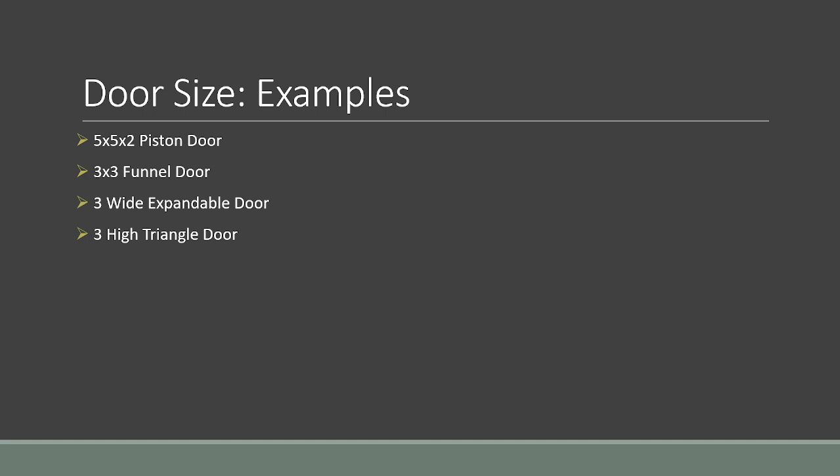It's usually just on expandable doors. So just remember that. And for exotic door patterns, you can think of examples like triangle, circle, or diamond. Although some people will still call diamond M by N, N high is also acceptable. So that's that.